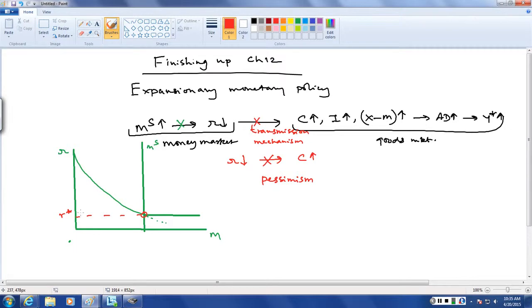Now, if the Fed were to raise the money supply, shift this vertical money supply curve to the right like this, what happens to the rate of interest? It will stay precisely the same. We're going to have a new equilibrium there, but this will translate to the same rate of interest. So this is what happens when the money demand curve has a flat section. And this phenomenon has a name. It's called a liquidity trap.